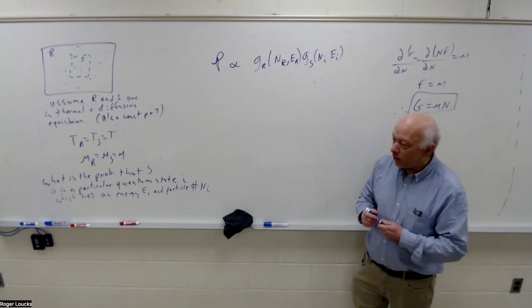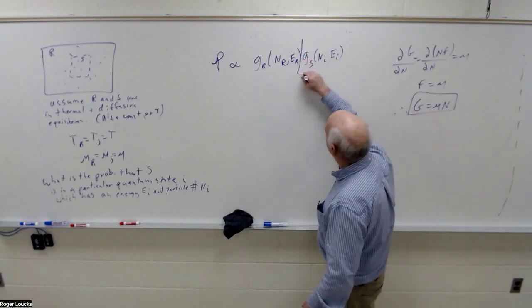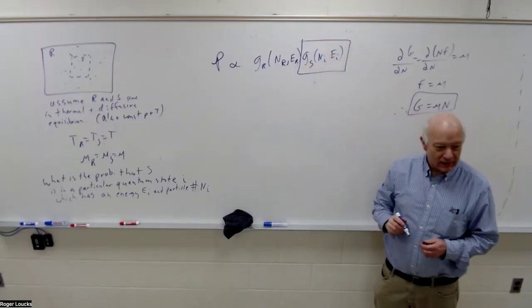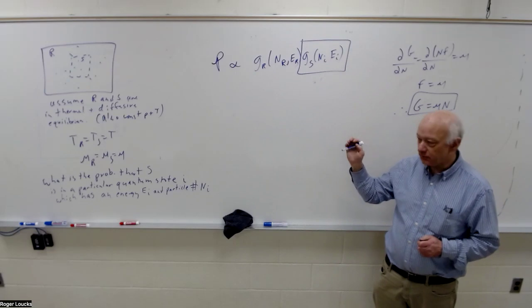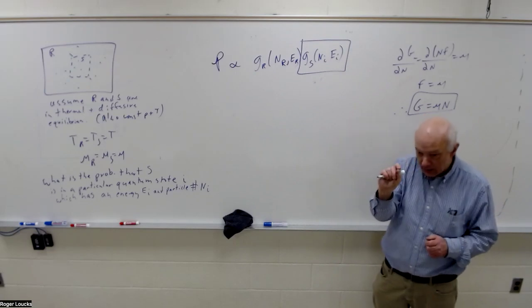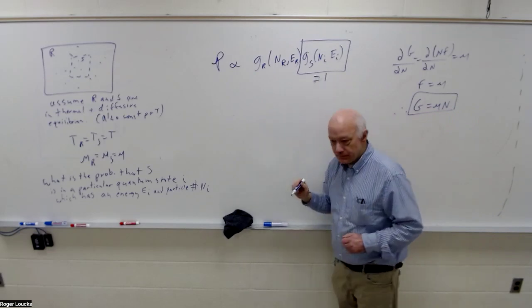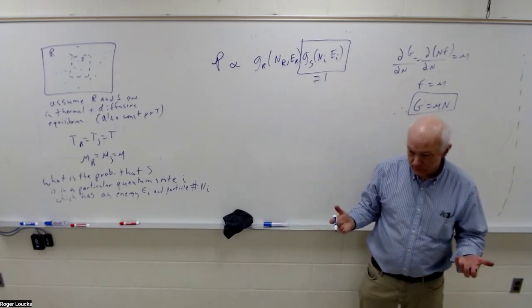Now, we've seen this argument before. How many ways can that system S be in one particular quantum state I? One. And that's the key to this.